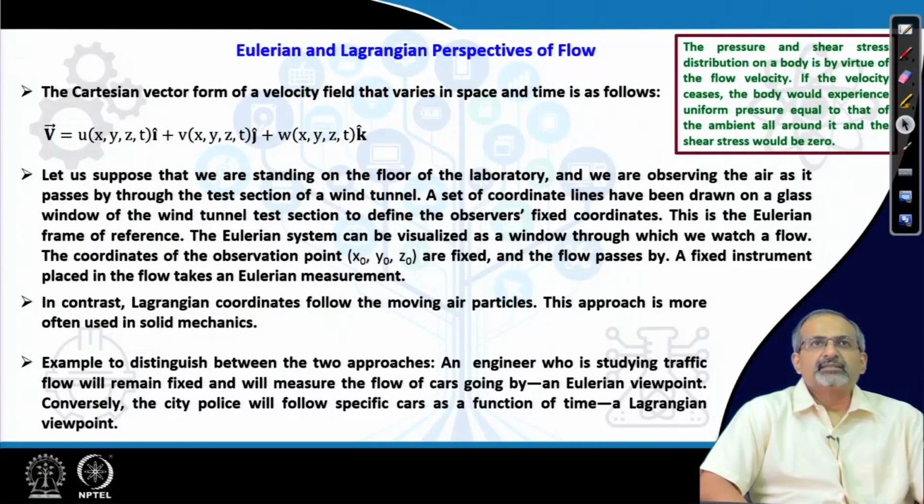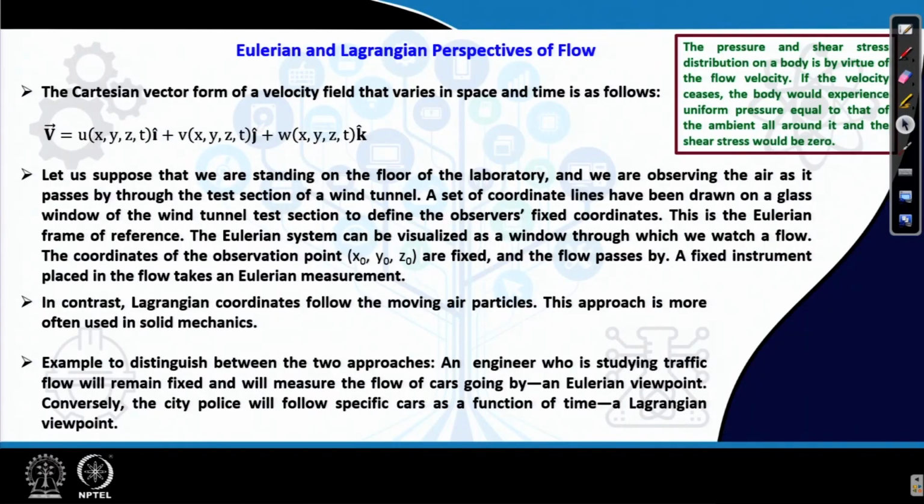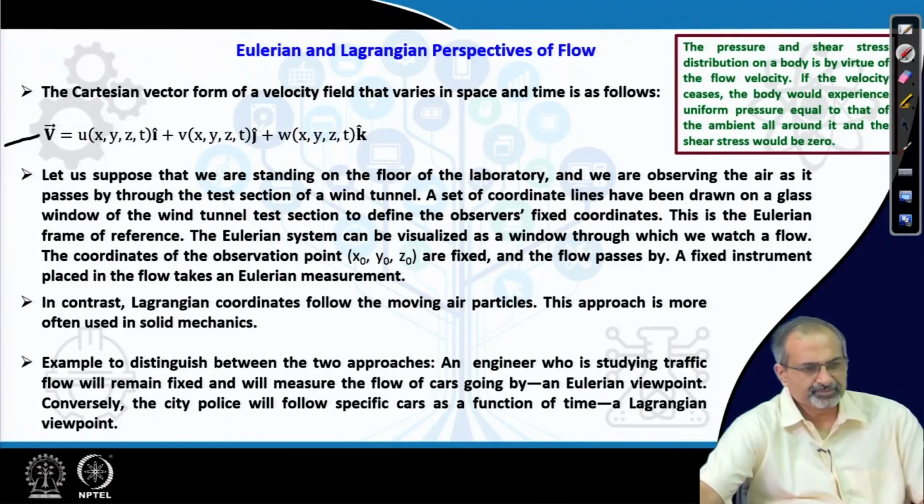So, let us begin the discussion by looking at the Cartesian vector form of a velocity field which varies in space and time. We can see that a velocity field has been mentioned over here, indicated by capital V, which indicates a vector, and it is comprised of three components: small u, small v and w.